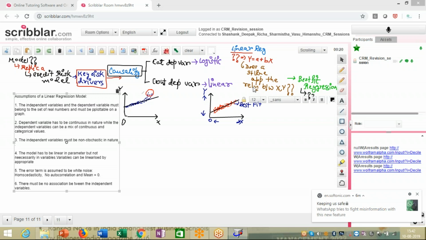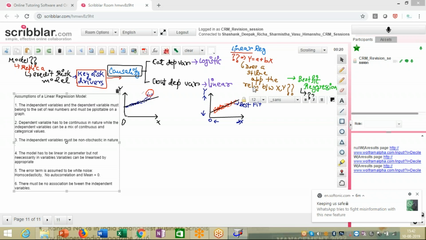To specify the linear regression model, there are two components. One is the population regression function. The second is the sample regression function.